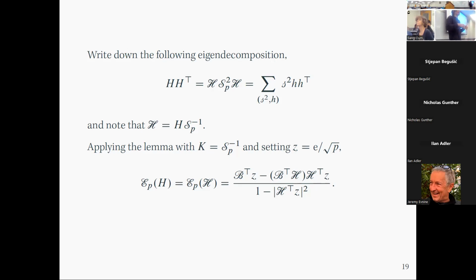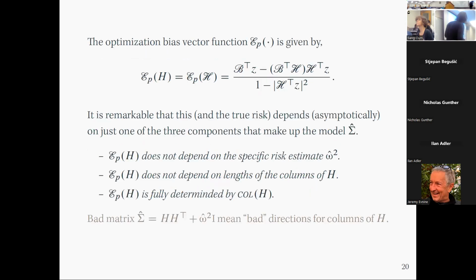And what we just saw is that the optimization bias doesn't depend on the variances or the lengths. It only depends on the directions. So we just got down to the root of the problem. This optimization bias, which is going to determine the ratio of true to estimated risk, has the following properties.